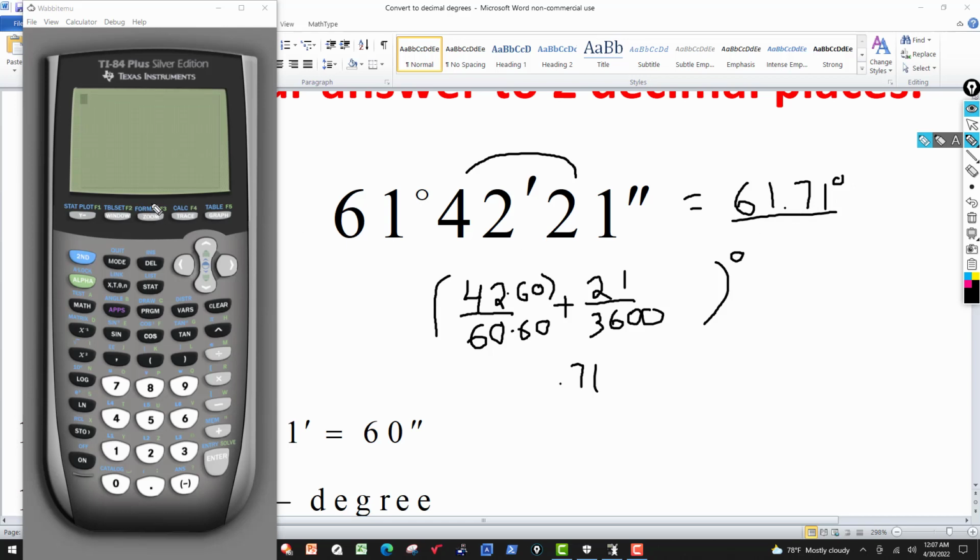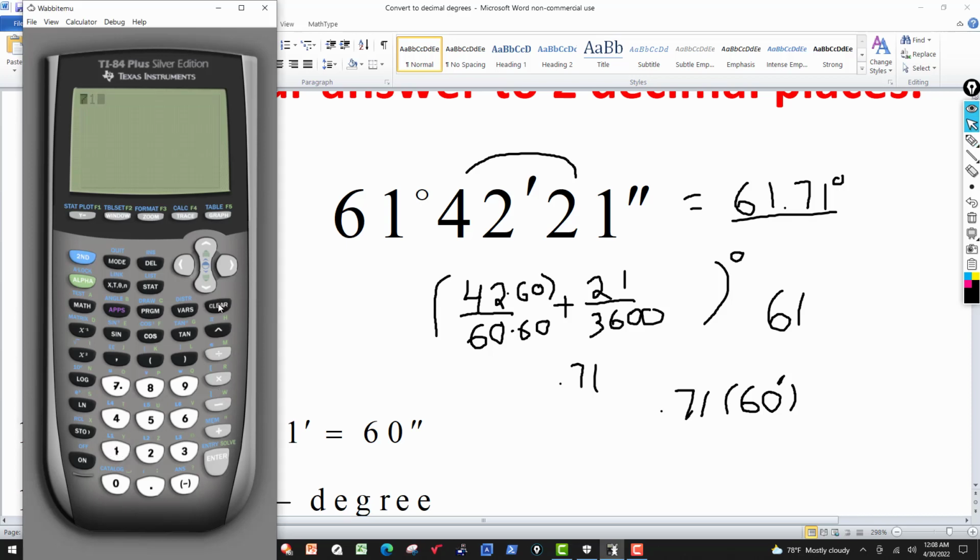Okay, I just did it in the calculator. But if you want to do it manually, you can just say, well, okay, 61, that's going to be the way it is, and then we take the 0.71. This is 0.71 degrees, so we know 1 degree is equal to 60 minutes.